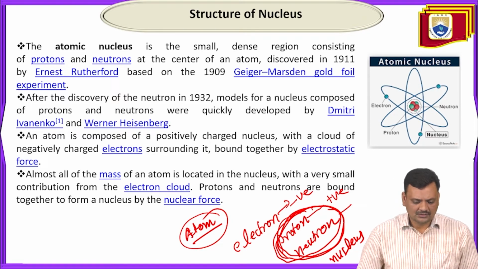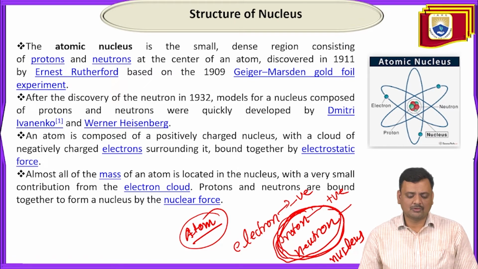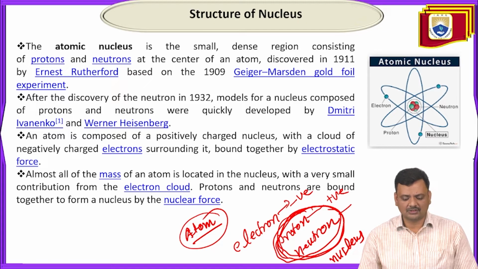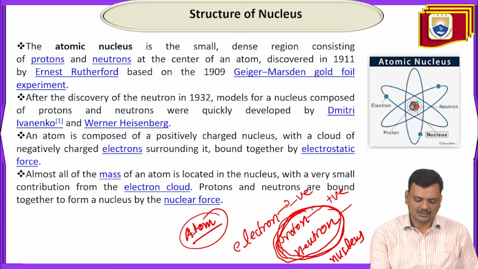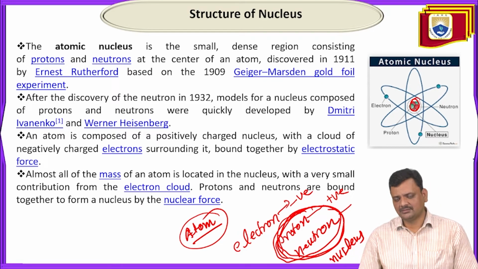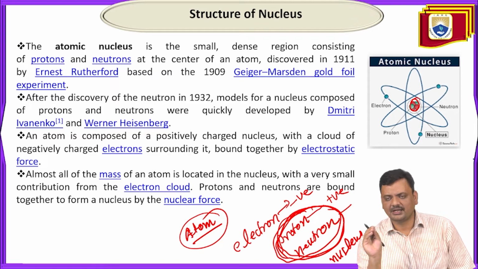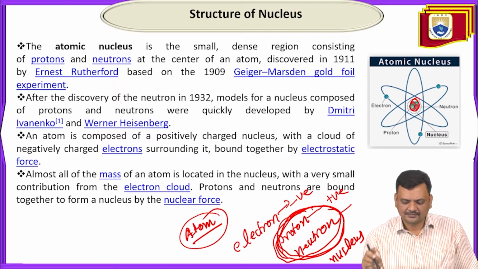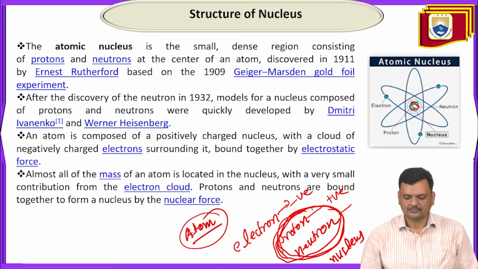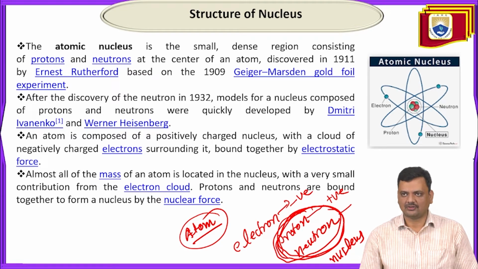Again they told that almost all of the mass of the atom is located at the nucleus, the center of the atom, with a very small contribution from the electron cloud.